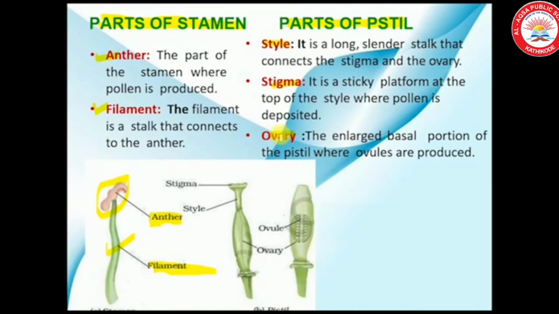And stigma, it is a sticky platform at the top of the style where a pollen is deposited. And third portion, ovary, the enlarged basal portion of the pistil where ovules are produced.